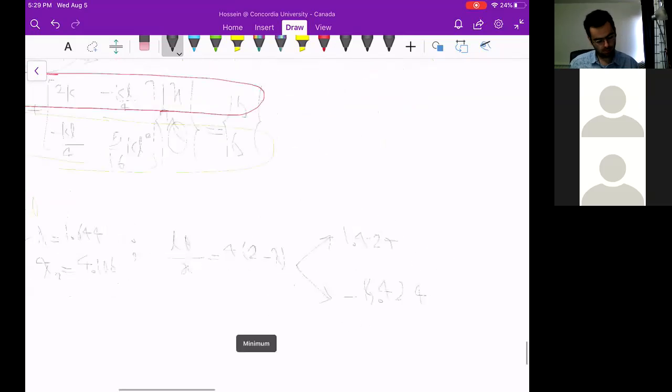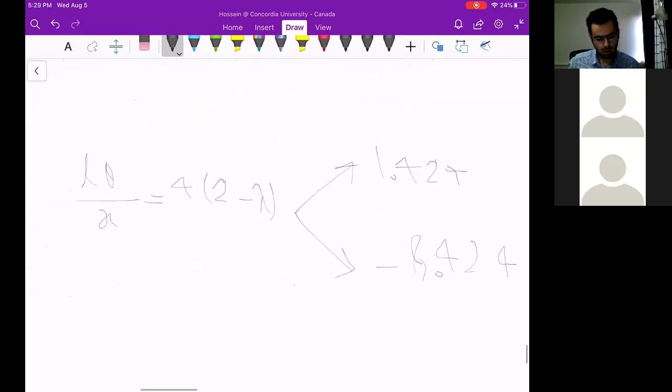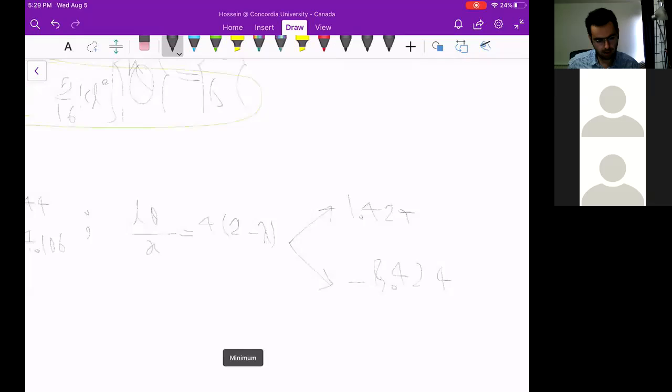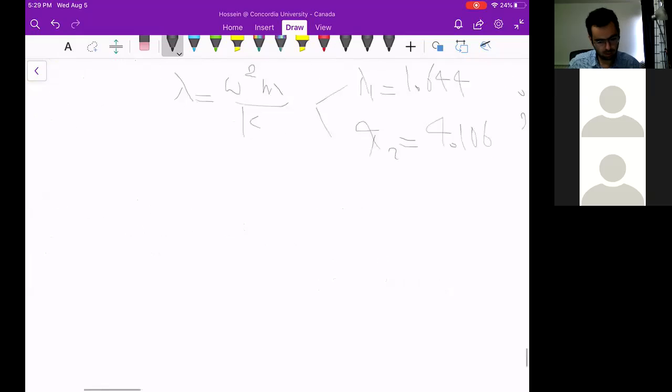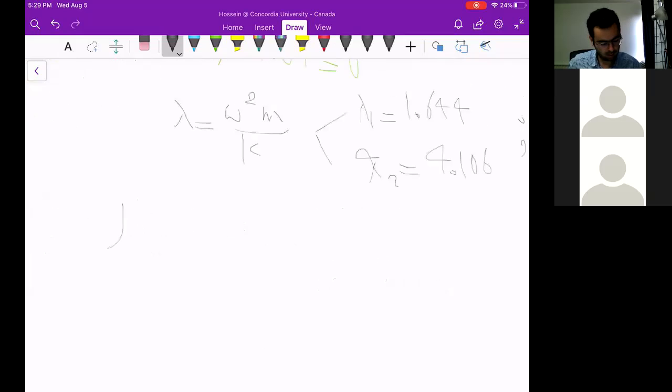So as soon as you obtain the mode shape, the first mode is 1, 1.424 divided by L. Okay, let me do it like here, sorry.